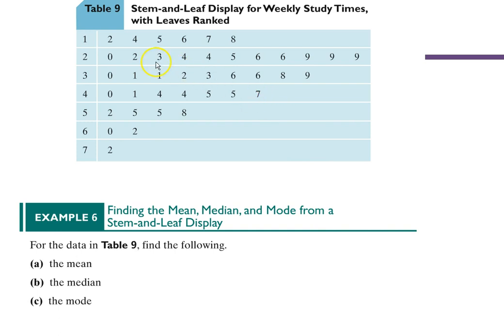Now, here is the stem and leaf display. And again, what are these numbers? Well, this number here is, remember, just add a 1 to all of these. And here we're adding a 2 to all of these, and a 3.